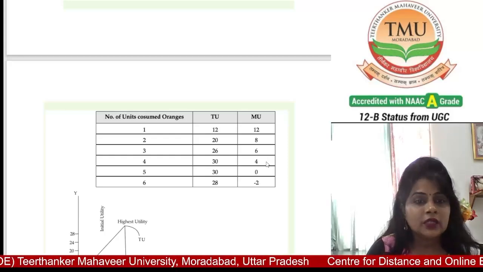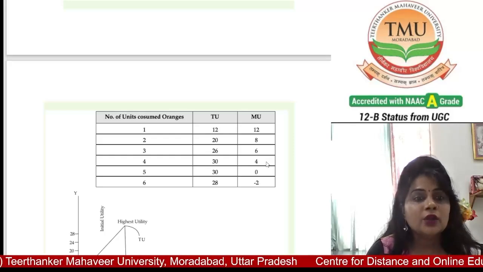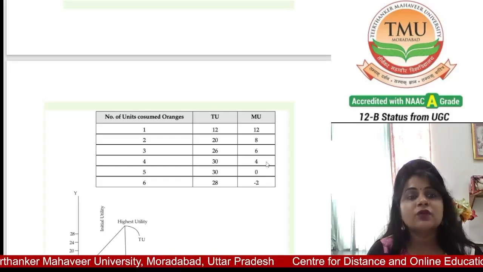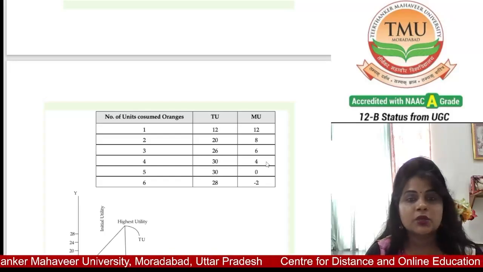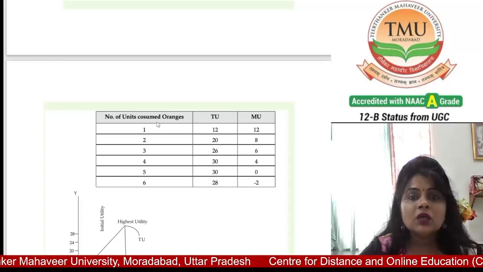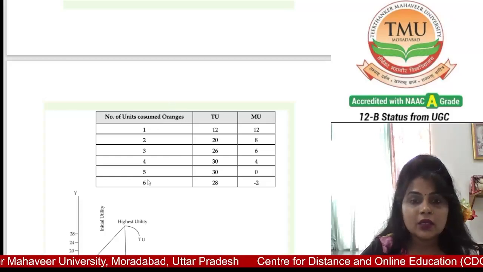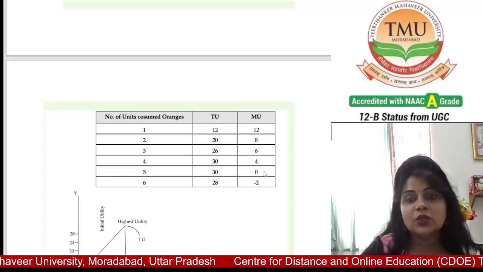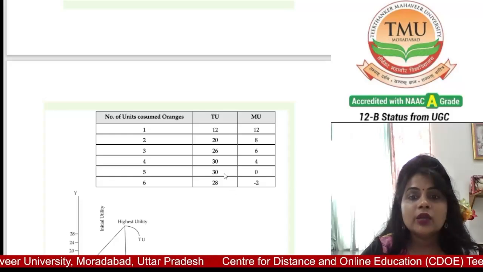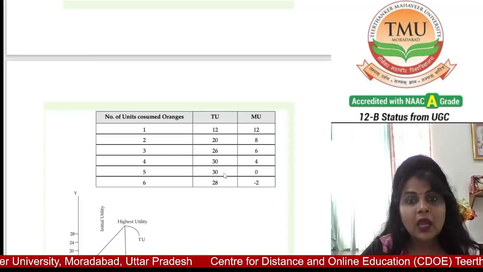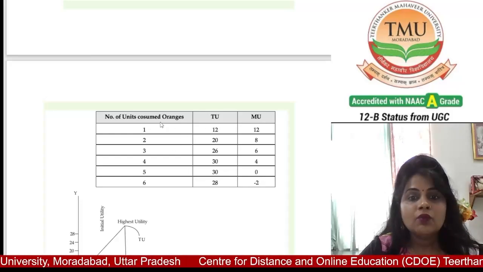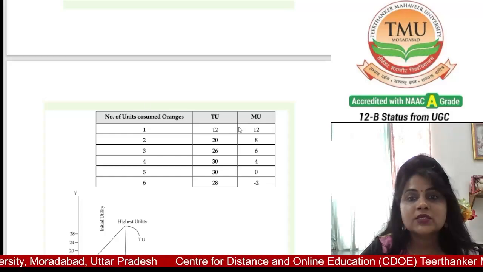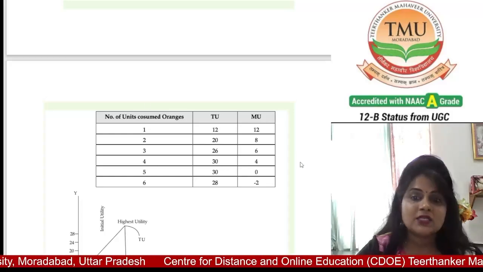This is because their desire to consume more oranges decreases with each successive unit of orange consumed. And on the fifth unit of orange consumed, he gets zero marginal utility, and here the total utility becomes maximum. For units 1 to 4, the consumer gets positive marginal utility.